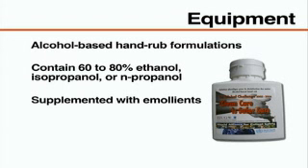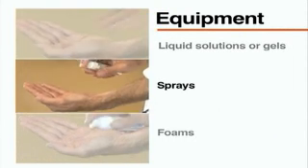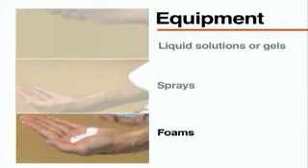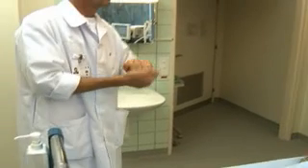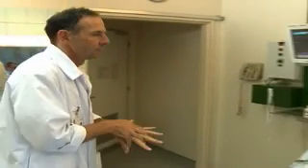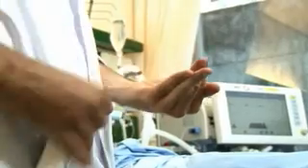These hand rubs are supplemented with emollients to protect the skin. They are available as liquid solutions or gels, sprays, or foams. Containers with these products should be easily available, within arm's reach, either at the point of care, that is, within 3 feet of the most likely use, or should be carried in small bottles by healthcare providers for their own personal use.